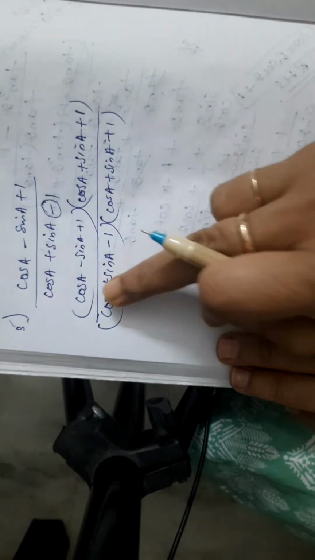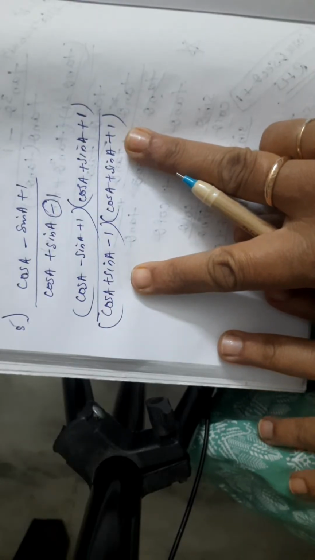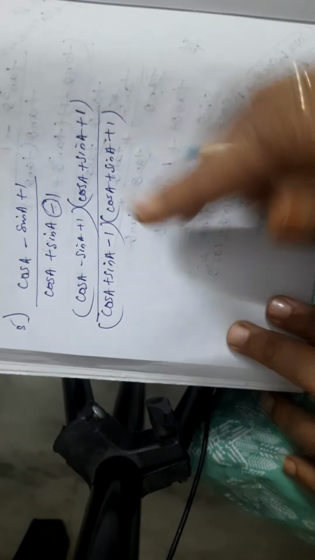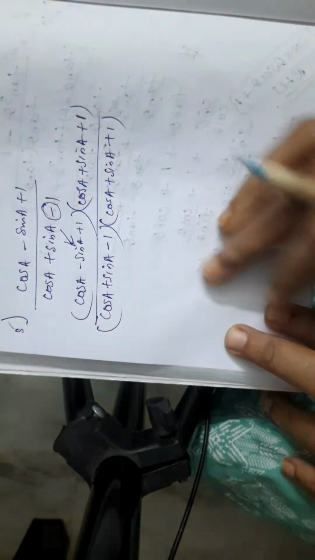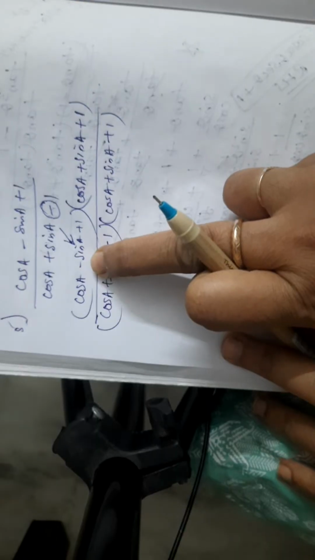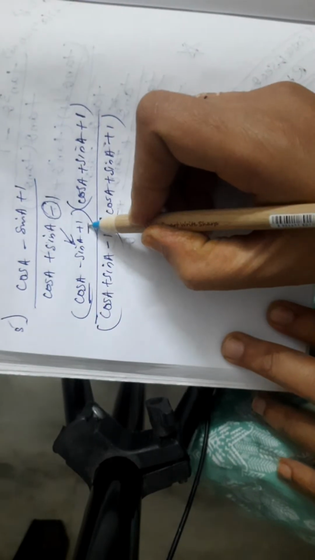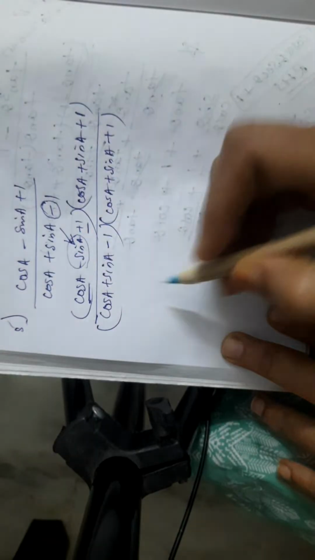Now compare. The second step will always be making the formula A plus B, A minus B. While comparing, we will see which term has the minus sign. So here sin A has the minus sign. The remaining two we will consider as A, and this to be the B part.